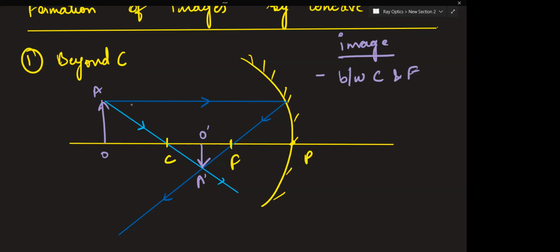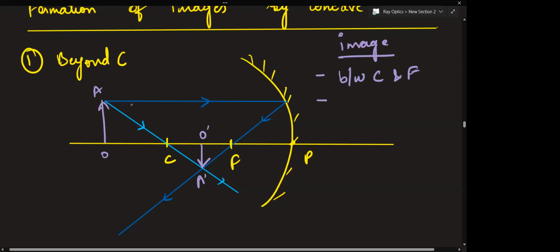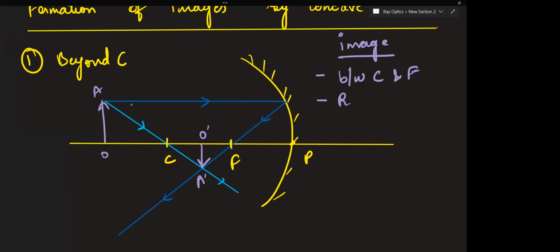Second, what did I tell you in the first class? That if the rays of light actually meet at a point and intersect at a point, the image that you get is a real image. And this was OA, this is O dash A dash, A is upwards, here A dash is downwards. So this is inverted also.